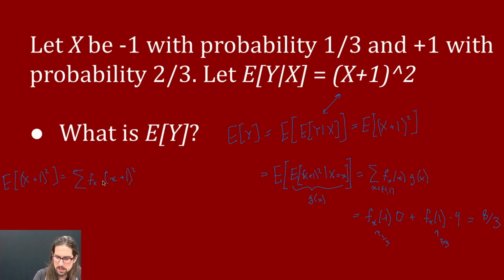This makes a bit more sense, but I wanted to demonstrate the conditional expectation, conditioning on the variable that's already in there. You're gonna get the same thing. So here this is multiplied. When x is minus 1, it's 0, and otherwise it's 4, and you're gonna get the same thing. So this is summing over minus 1 and 1.